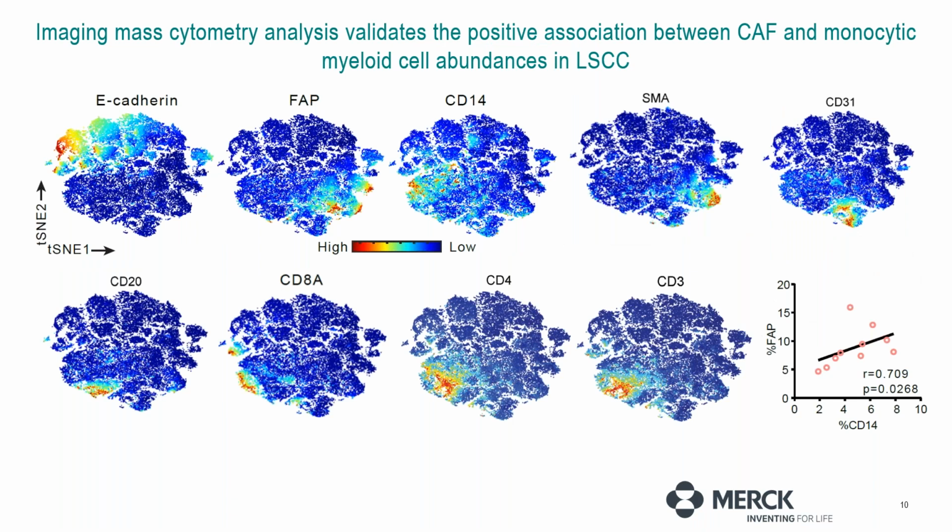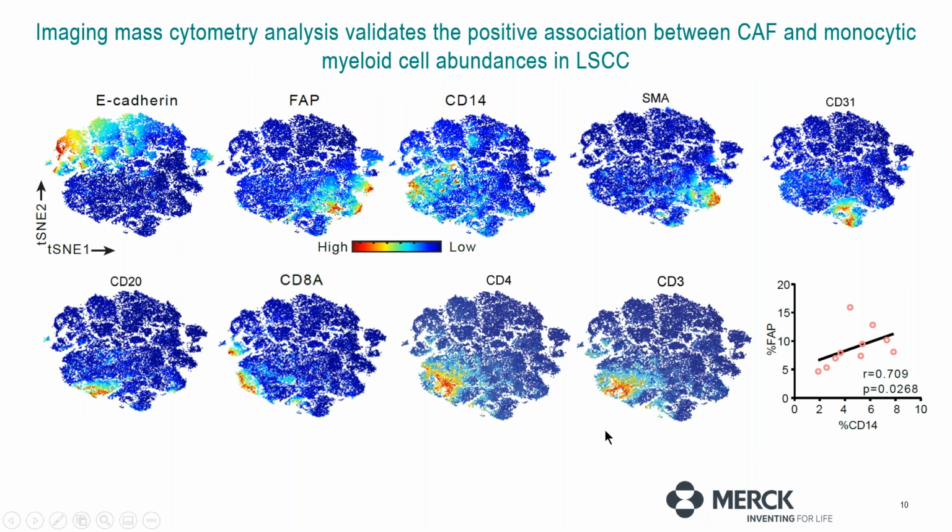We're able to group similar cells together, and the warmer the color indicates the higher expression of specific markers. You can see here those are E-cadherin positive likely tumor cells, those are CD20 positive B cells, and those are the CD8 positive T cells, etc.